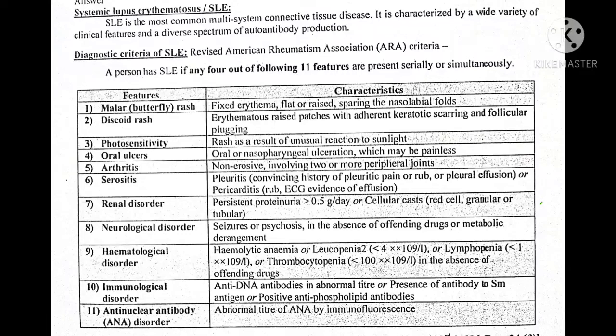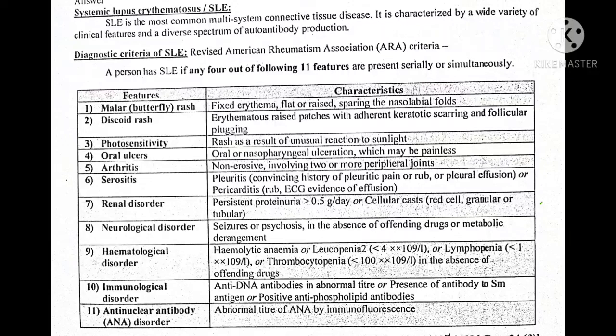Revised American Rheumatism Association (ARA) criteria are: if a person has SLE, then any 4 out of the following 11 features are present serially or simultaneously.